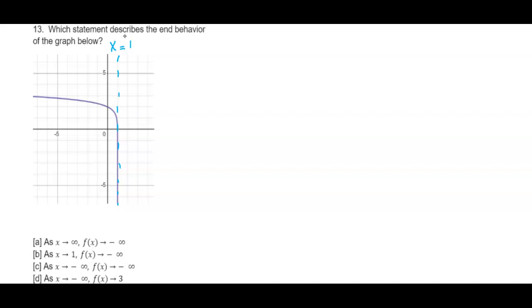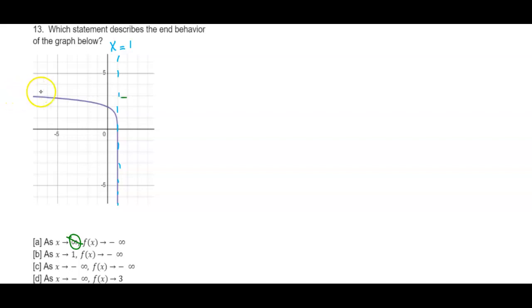So let's take a look at the end behaviors. The first one says, as I approach infinity, so as I go to the right, the values of my function, my f of x, go down to negative. Well, as I go right, they do go down to negative, but the problem here is this. I cannot approach infinity when I go to the right because of this vertical asymptote that is blocking me from crossing.